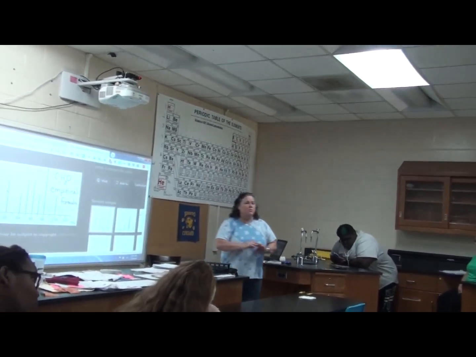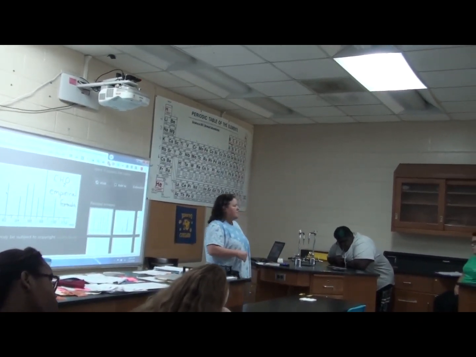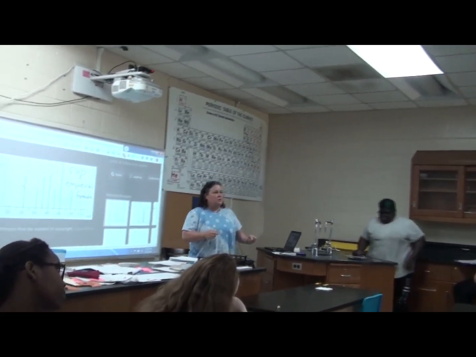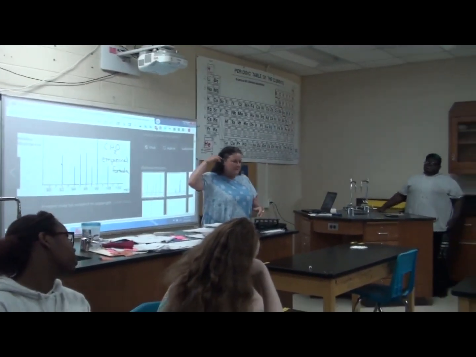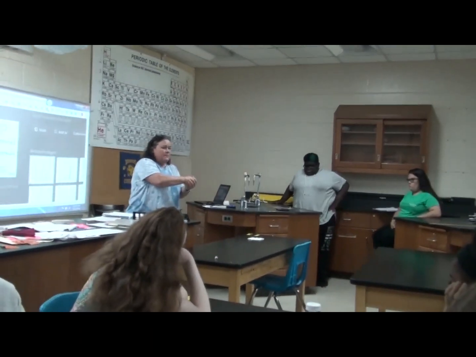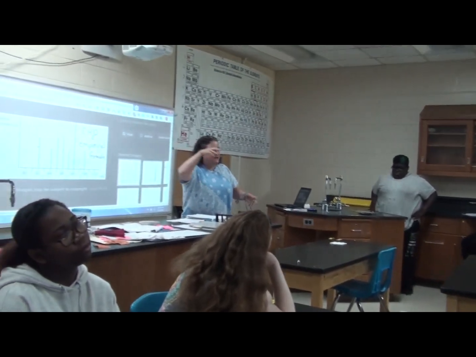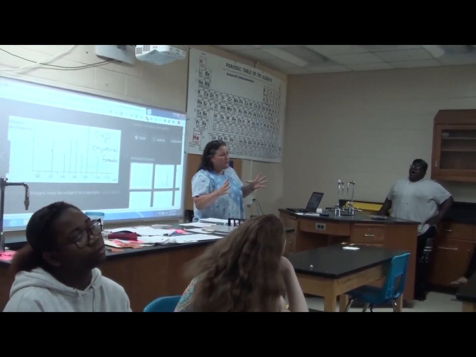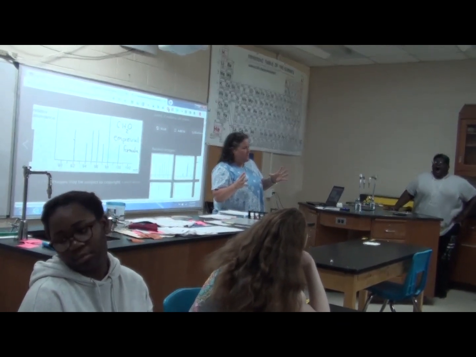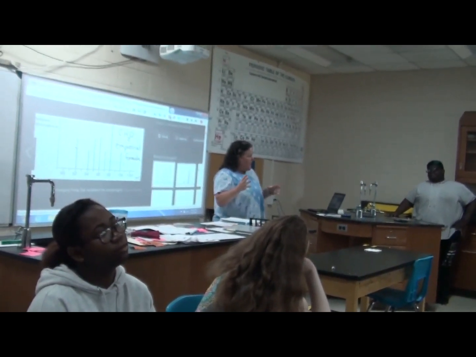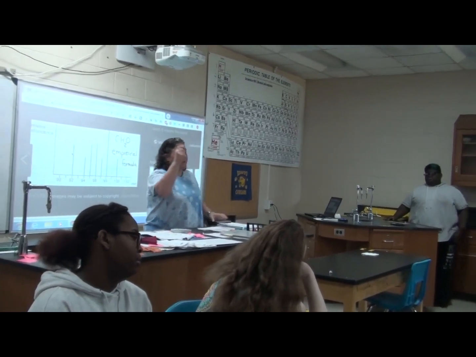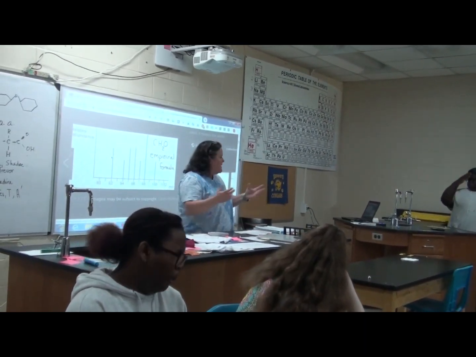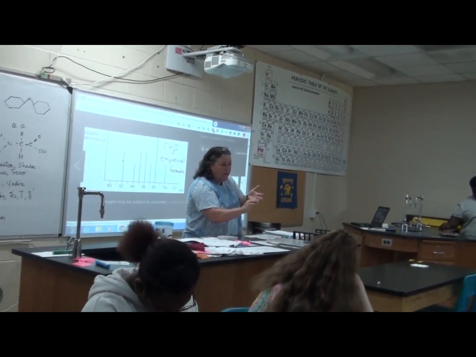There's an instrument that's way too expensive for high schools to have. The chemist finds a white substance, puts the chemical in the machine, and the machine tells the percent by mass of each element in the compound. You remember how you've been reading, oh, there's 25.4% carbon, and you read that on a piece of paper?